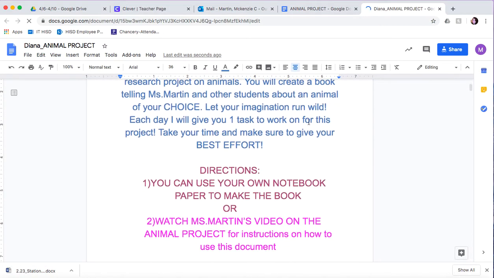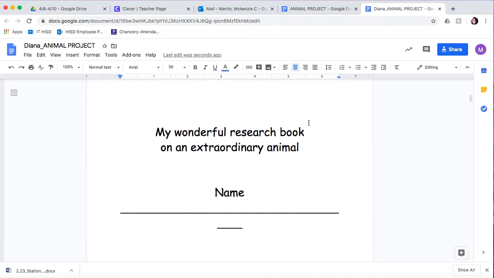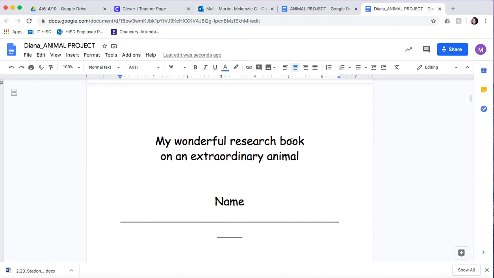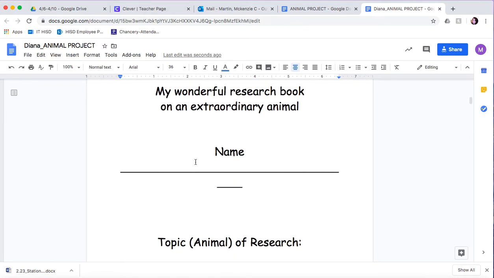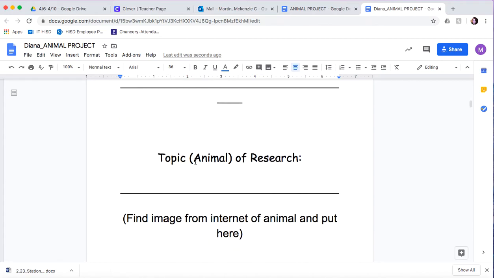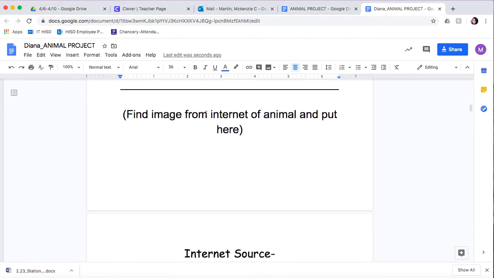Now let's look at what we're going to be doing for each day. On Monday, our first day, you're going to first write your name here, on your wonderful research book. You're going to write down a topic of research. That means your animal, it's your choice what animal you would like. You could also find an image of an animal and put it right there.